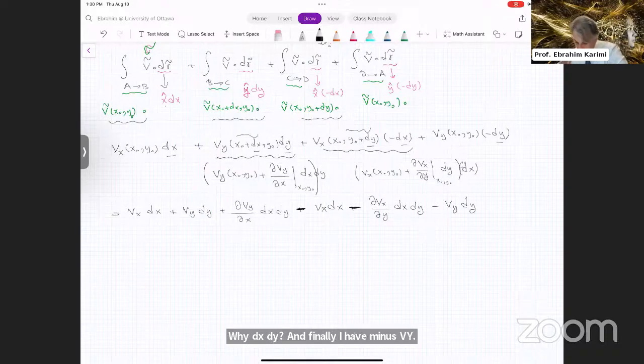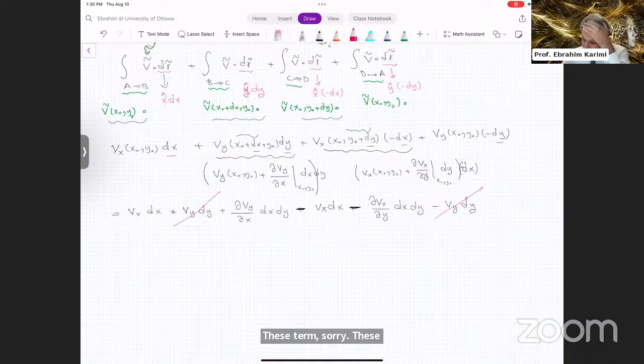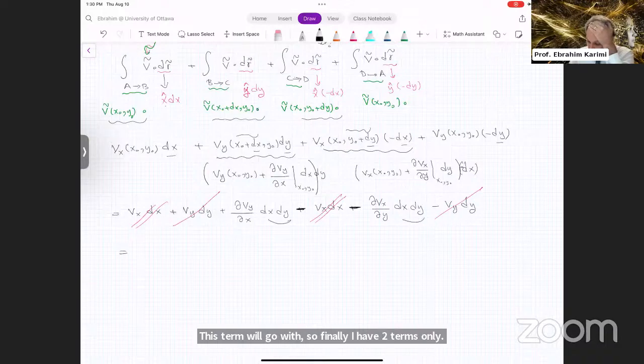So this term will go away with this term. This term will go away with this term. So finally, I have two terms only, and dx dy can be factored out.